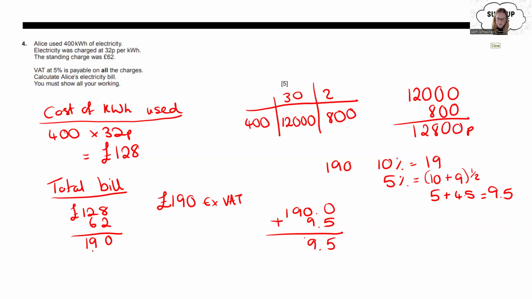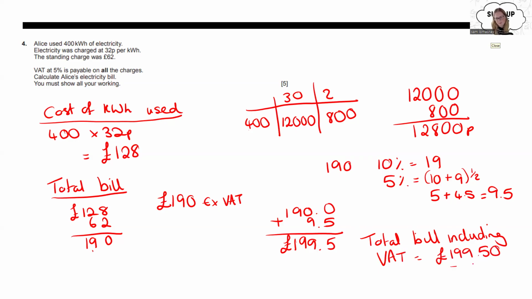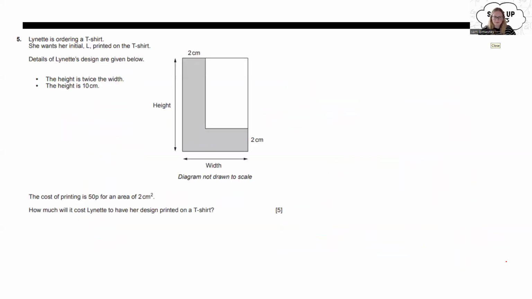Total bill, including VAT, equal to £199.50. There we go. That's that question done, and that's the first 5-marker.